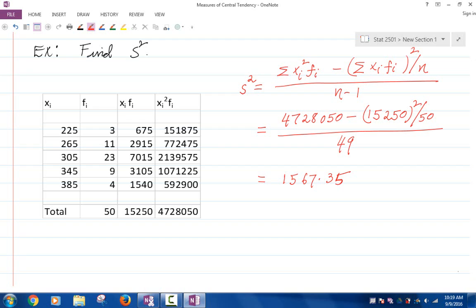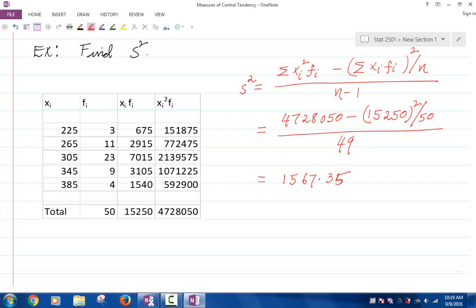That's the third column. The last column, you take the square of each observation and multiply that by its frequency. So it is xi squared times fi. Is everybody okay with that?